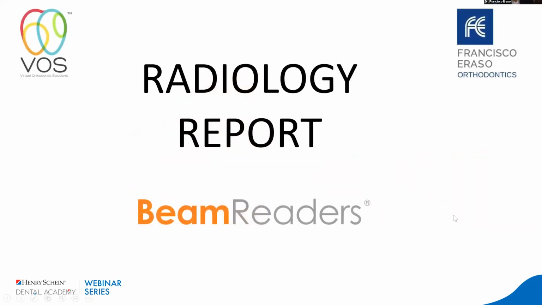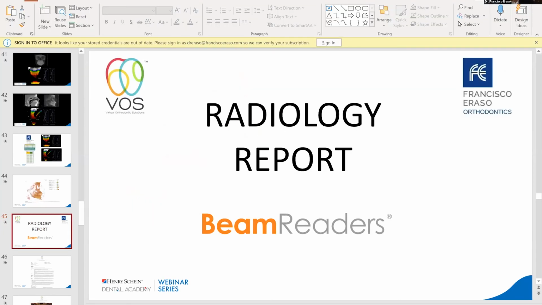In the radiology report, I have to go sequentially through all of the anatomy. And based on the sequential findings on the anatomy, let me see if I can do that. Here you have the CBCT, and then you have to look at airways and maxillary sinuses and paranasal sinuses.